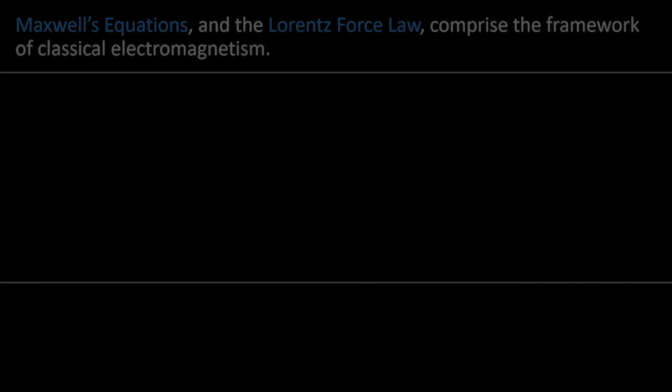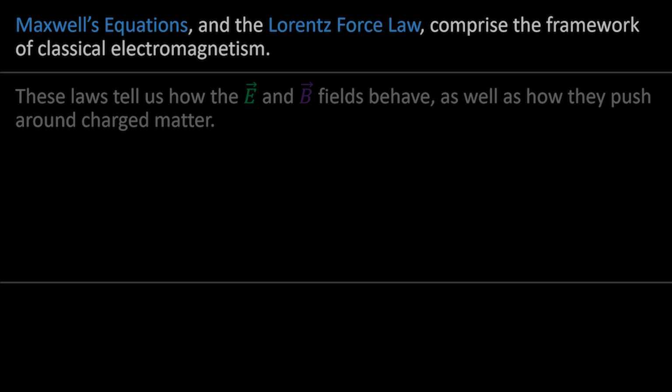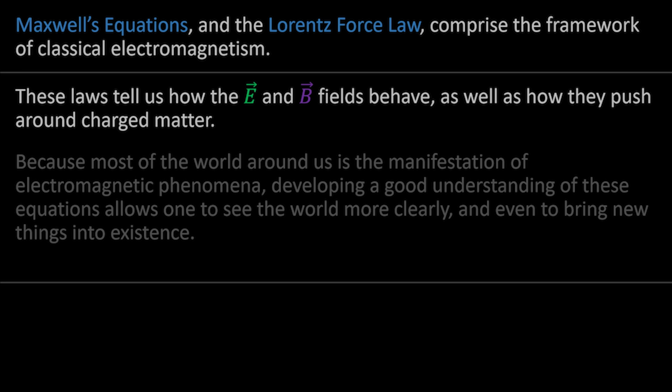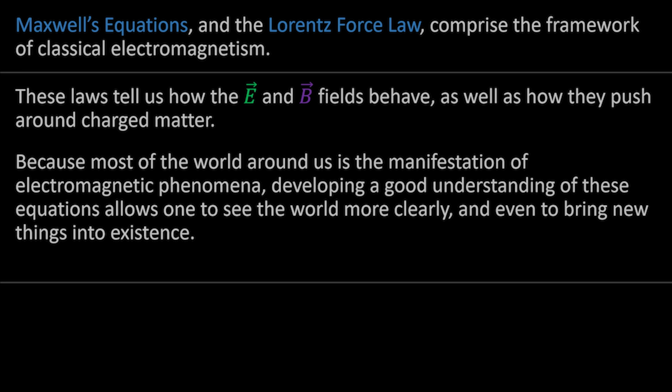The four Maxwell's equations, combined with the Lorentz force law, comprise the mathematical framework of classical electromagnetism, which describes the electromagnetic phenomena to a very high degree of accuracy. In practice, one also encounters material properties, things like resistivity, which can be understood within the framework of Maxwell's equations and the Lorentz force law.